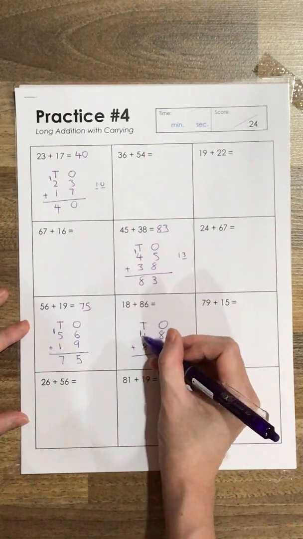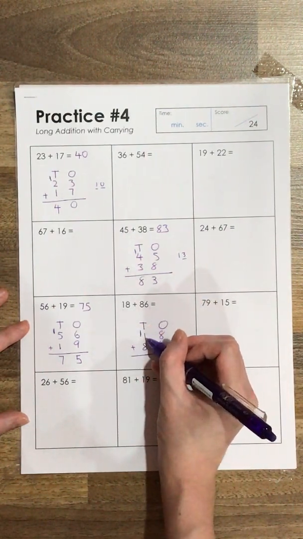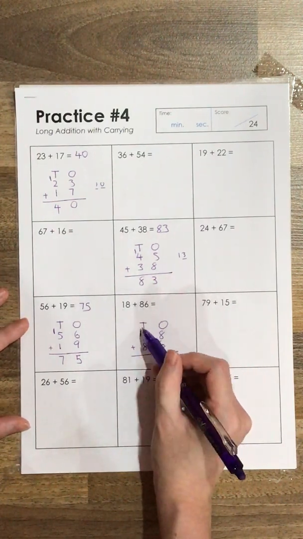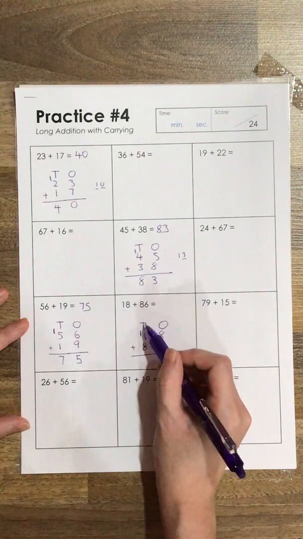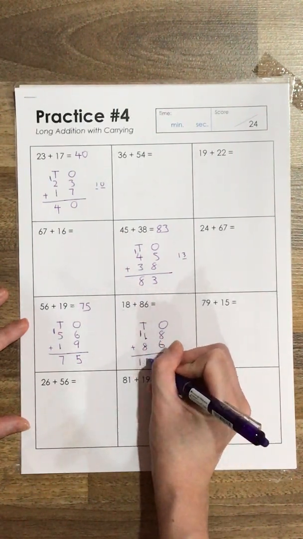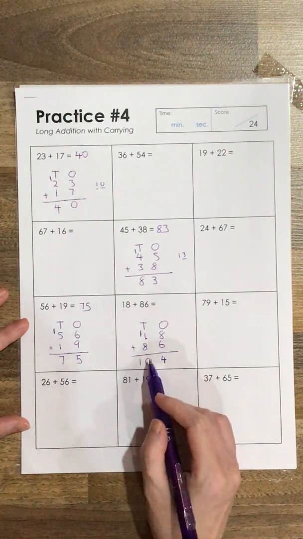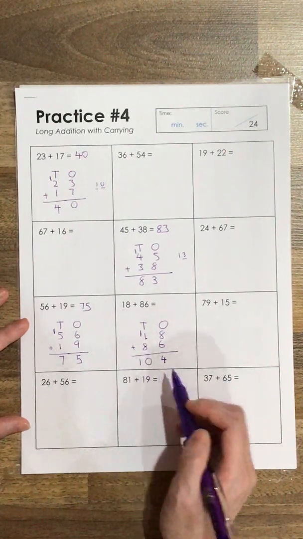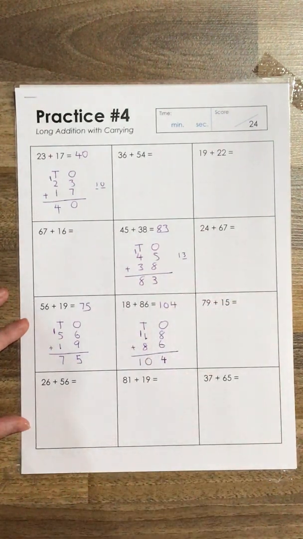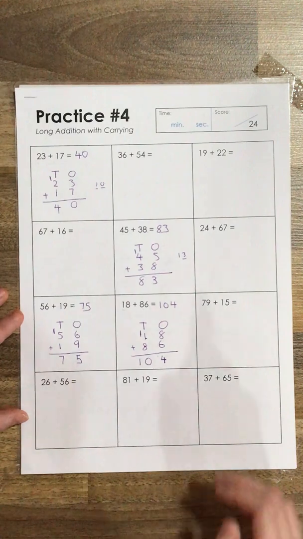So Mrs. Tan now has 1 plus 1, 2. 2 plus 8, 10. Oh, 10. Mrs. Tan has 10. Now, does Mrs. Tan accept 10? Yes, Mrs. Tan accepts numbers with 2 digits. So you just write 10. Alright, so the answer is 104. Wow, you can add such big numbers.